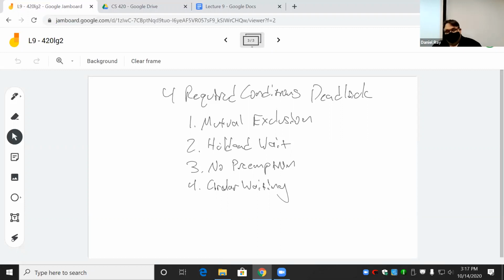Okay? In order to eat your plate of spaghetti, let's say, you need both the left hand utensil and the right hand utensil in order to eat. Okay? The problem is that my left hand utensil is the guy on my left's right hand utensil. There's only one utensil between us.